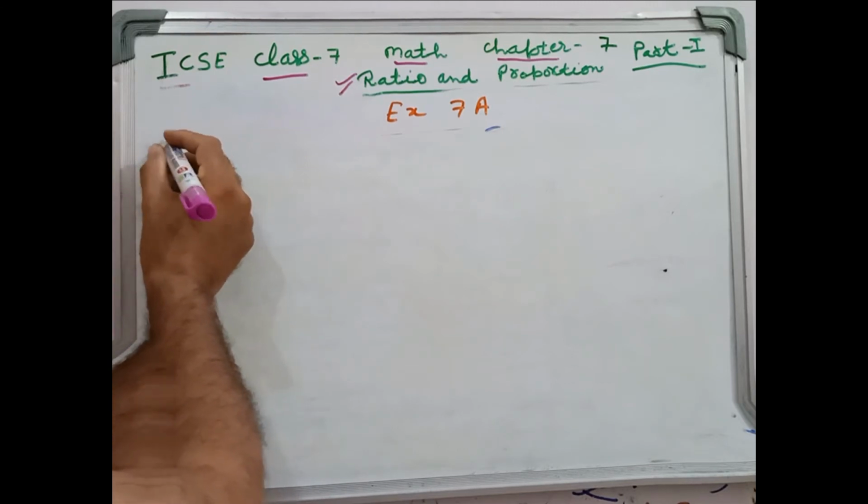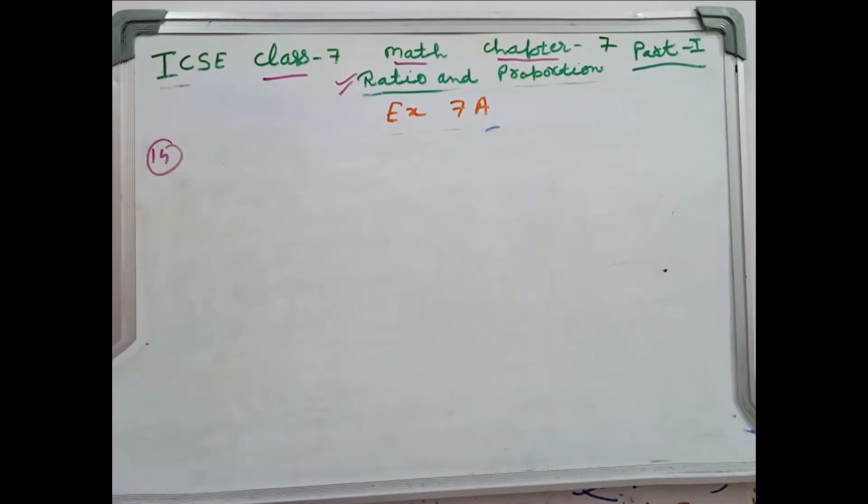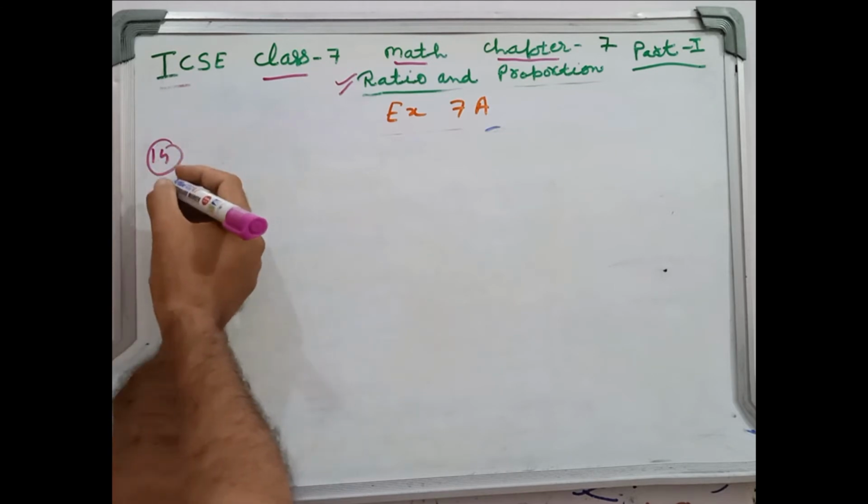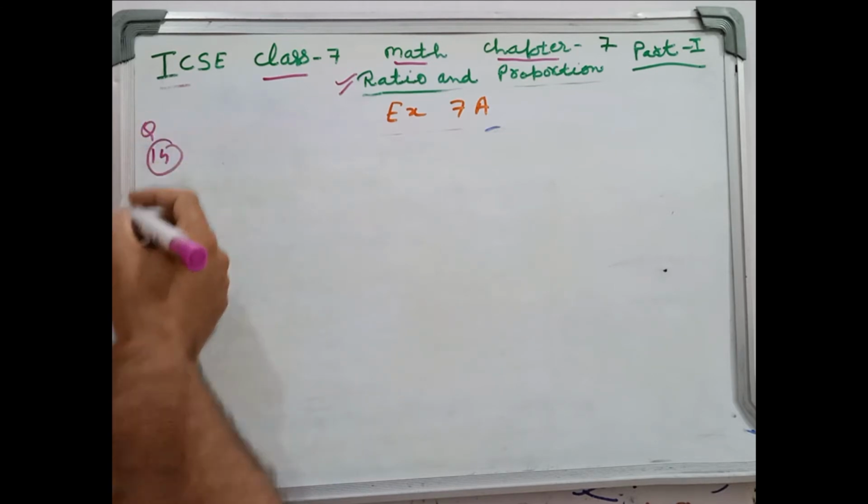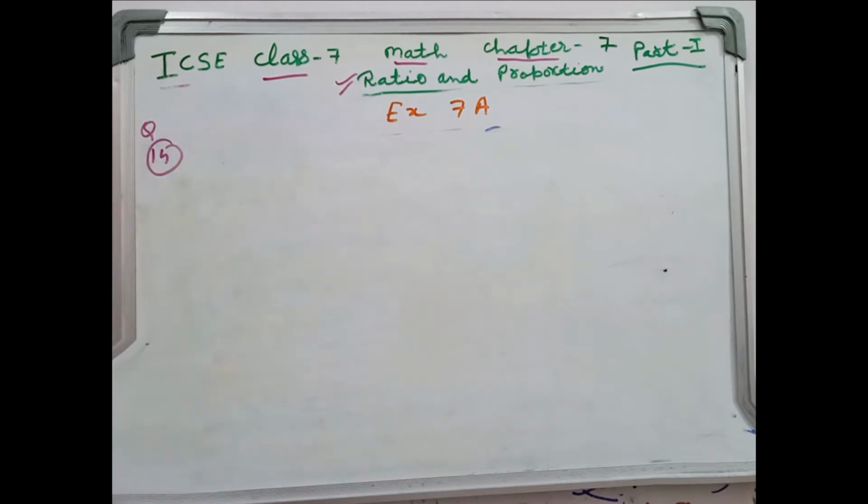Question number 14. Reena weighed 63 kg. She reduced her weight in the ratio 9:8. Find her new weight. Right?